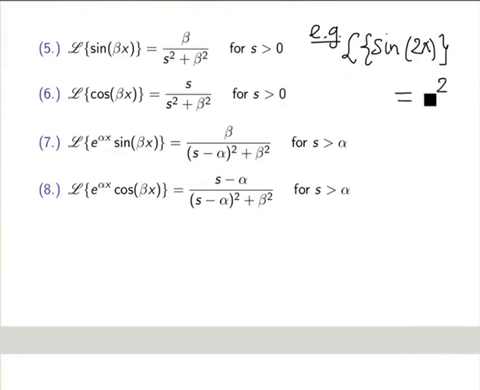And so we have 2 over s squared plus 2 squared, which is 4. That is the Laplace transform of sine of 2x. And for the Laplace transform of cosine 2x, we would have s divided by s squared plus 4, etc. These formulas will be given to you in the quizzes and in the test.